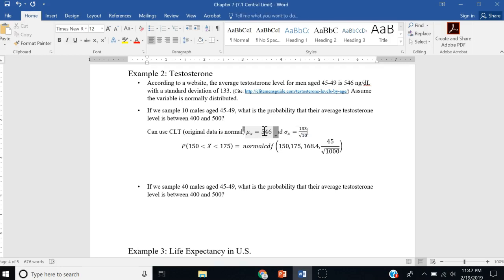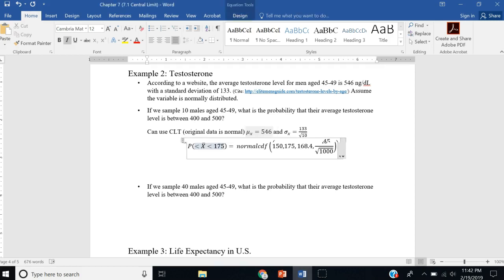So we're dividing by the square root of 10. Now the question asks, what's the probability that we get between 400 and 500 as the testosterone count for a randomly selected group of 10 males, or males that age, maybe I should say that.